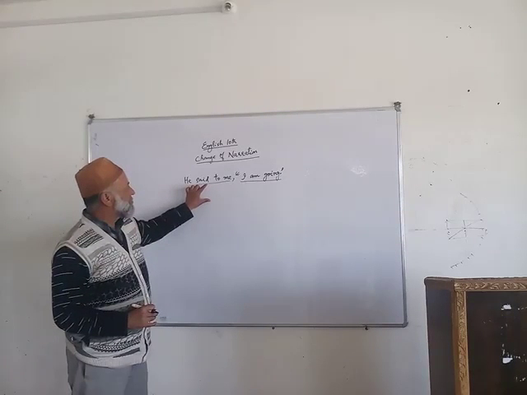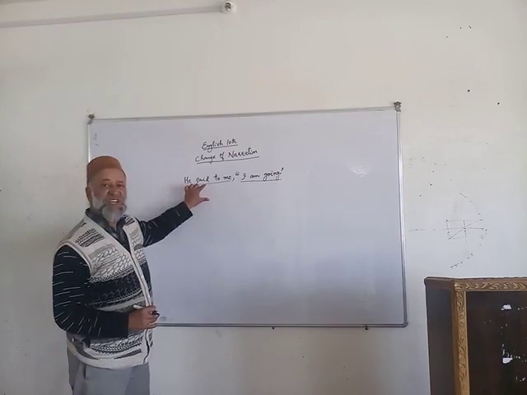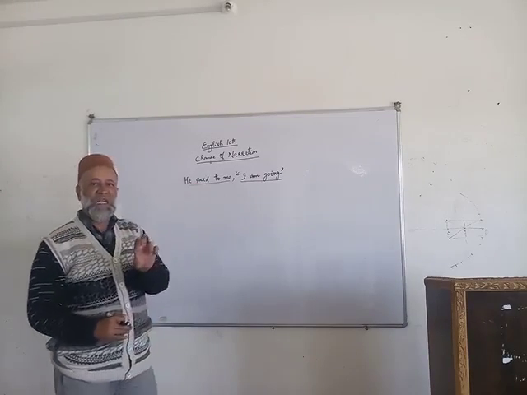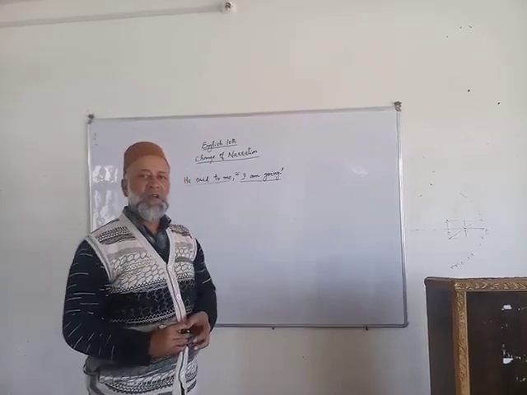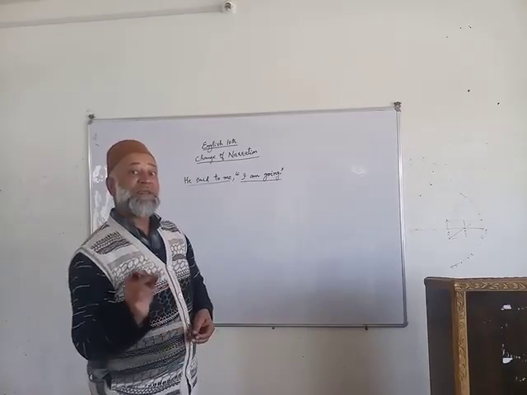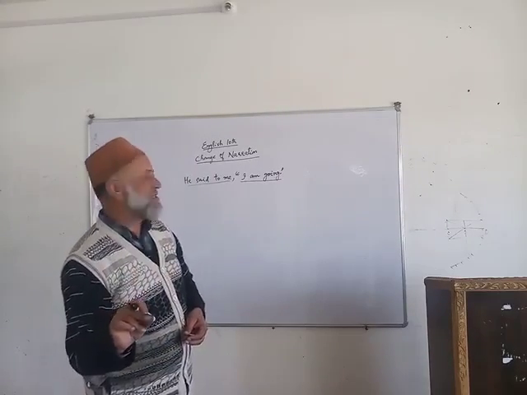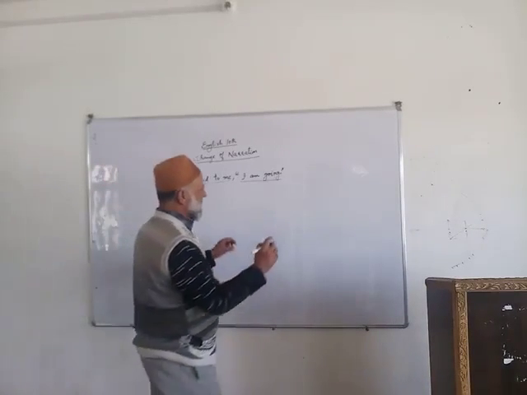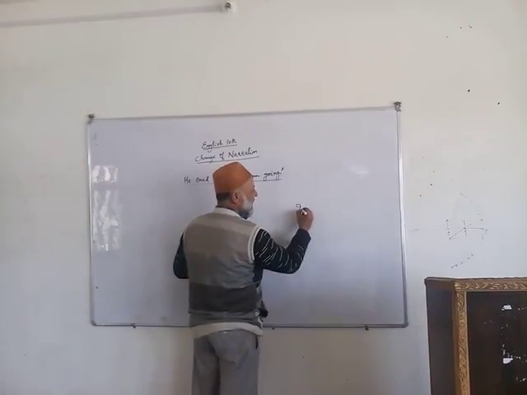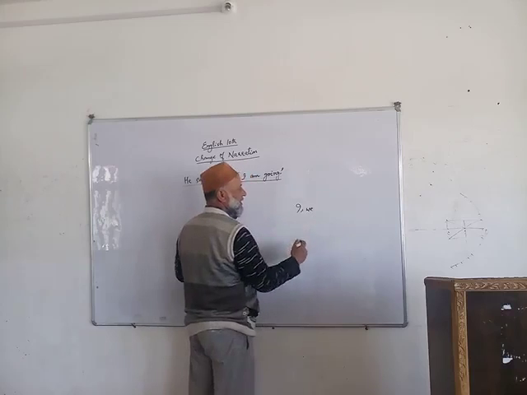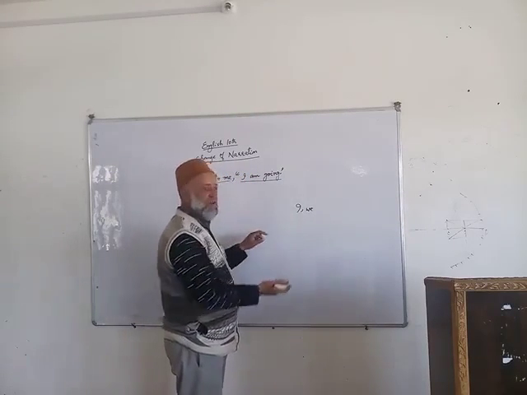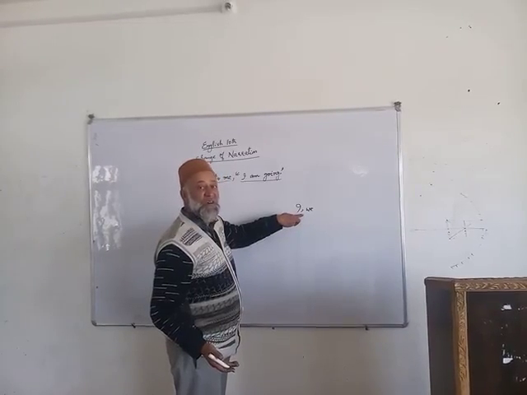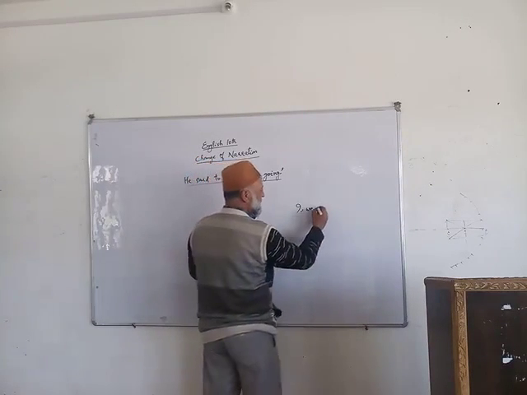So when we change a direct sentence into an indirect one, the first thing we have to remember is about the change in the pronouns. Pronouns are to be changed. I and we, and other pronouns, these pronouns are called first person pronouns.